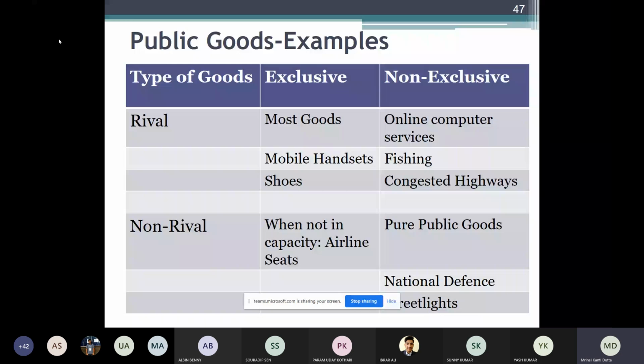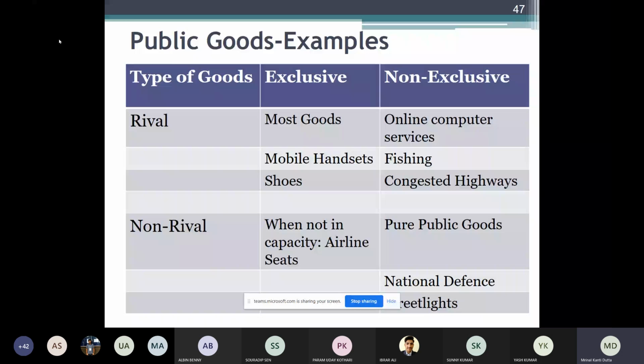Next, we would like to have an idea about how much of public goods are to be provided in a society or in an economy. It is basically because public goods will be available in the same quantity for everybody, so it is different from private goods. Private goods will be available in different quantities to different people.